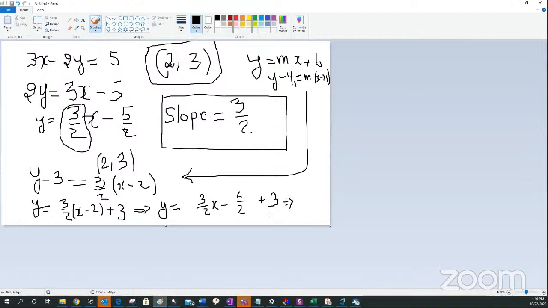So that will give you y equal to 3/2 x. So this is your other equation, and as you can see, the slope is also 3/2. So if we got that, I'm going to get the line. So that's what you have.